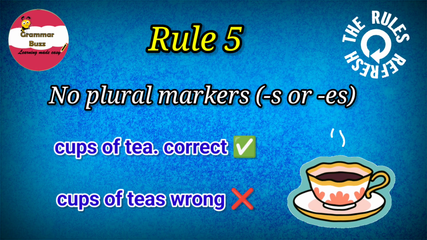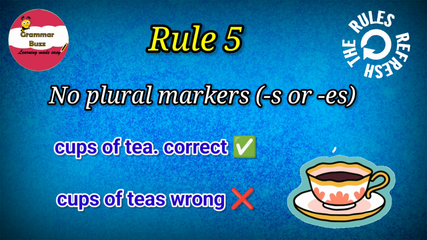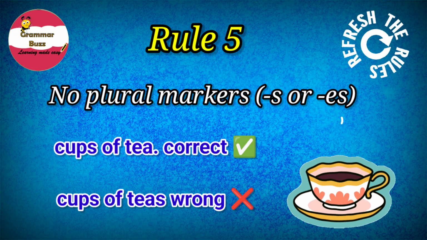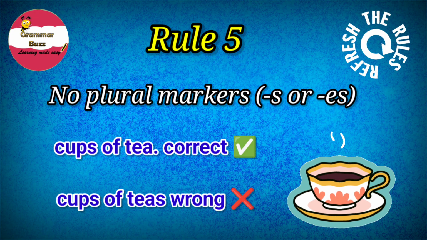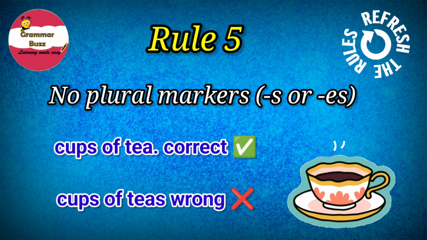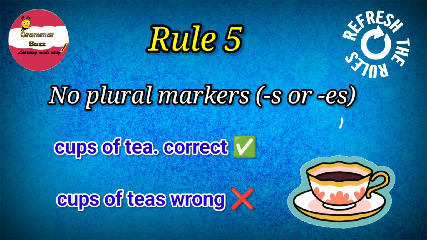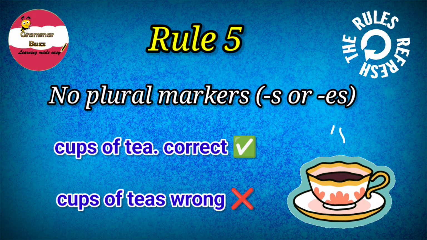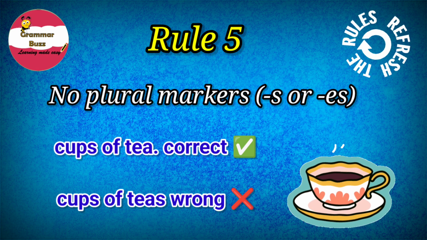Cups of tea, which is correct, but cups of teas, which is wrong. Think like this. We can count cups, bottles, glasses, spoons, but we certainly cannot count tea, water, milk, rice, as they are uncountable. So we only add s or es to the container, not the material.